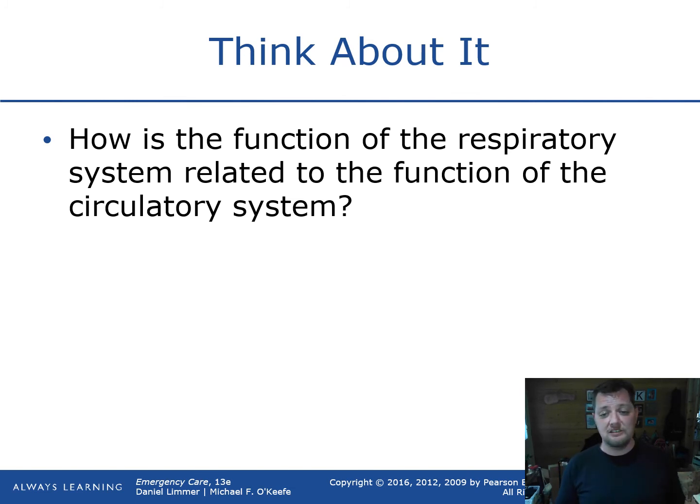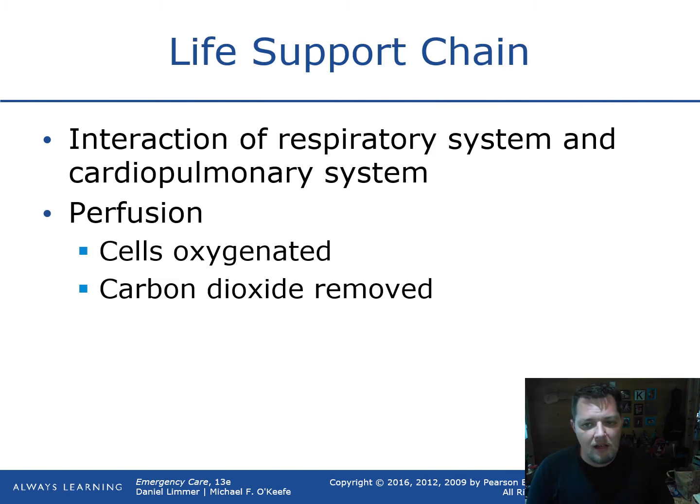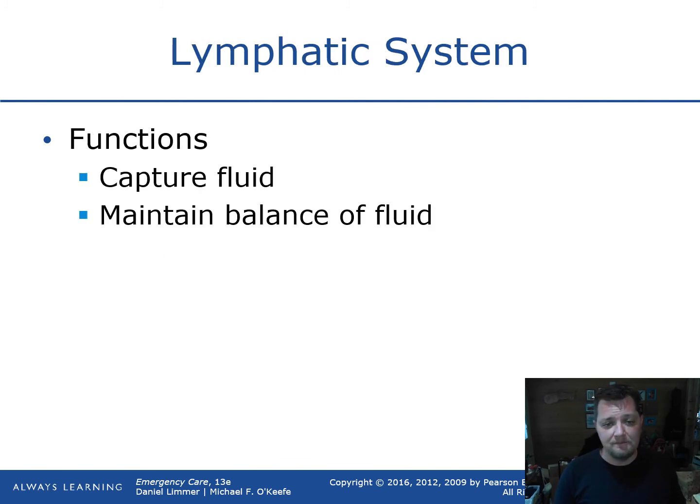So the respiratory system and the circulatory system work together to be able to provide that oxygen to the blood. So life support chain. So it's the interaction of the respiratory system and the cardiopulmonary system. It includes perfusion, which are the cells oxygenated, and carbon dioxide removed.